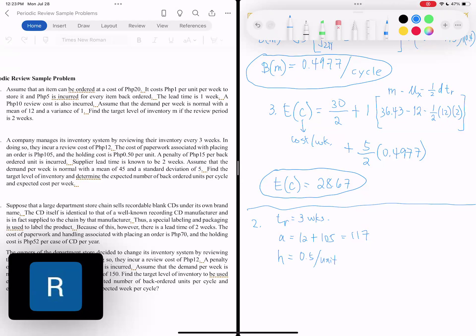And since TR is 3 weeks, then capital T is understood to be per week. So let's put that here. Your T is understood to be weeks based on this one.